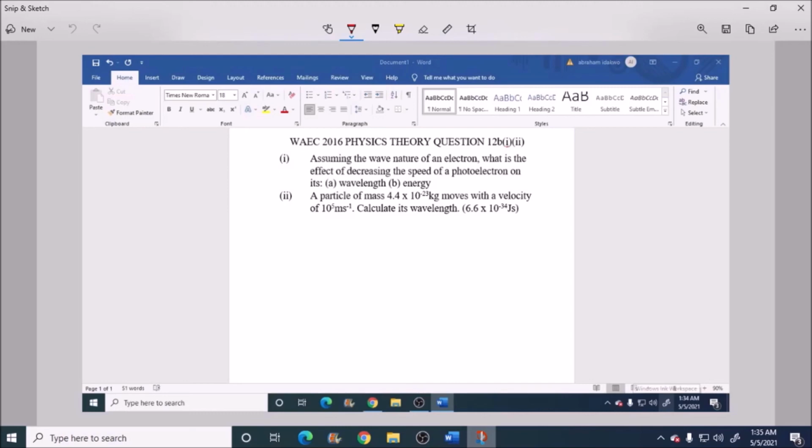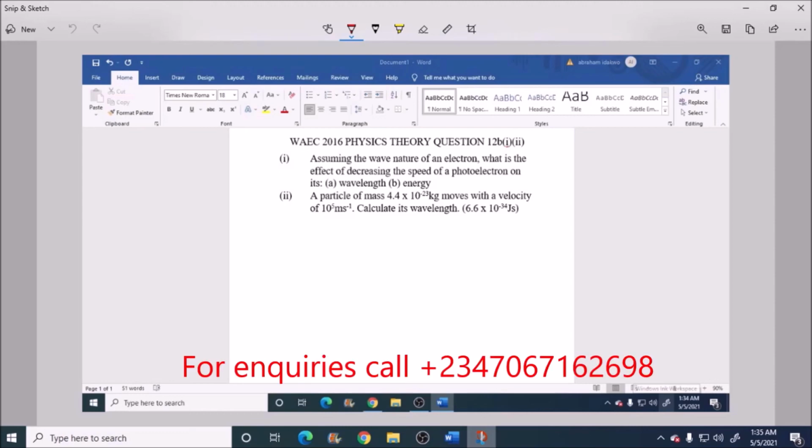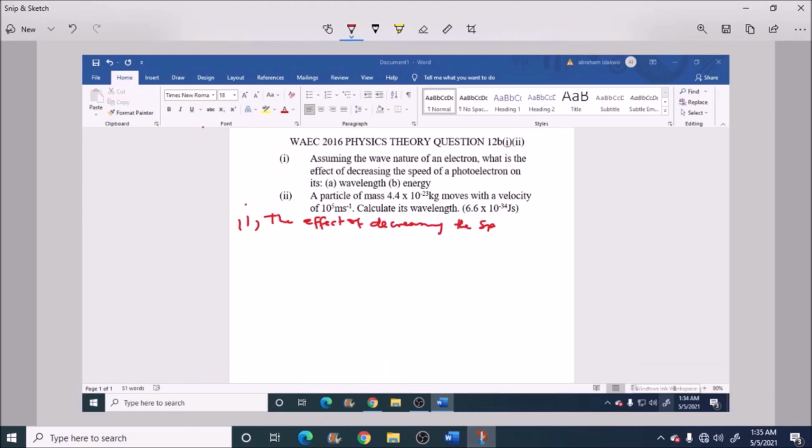Now the first one, the effect of decreasing the speed of a photoelectron on wavelength is that the wavelength will increase.